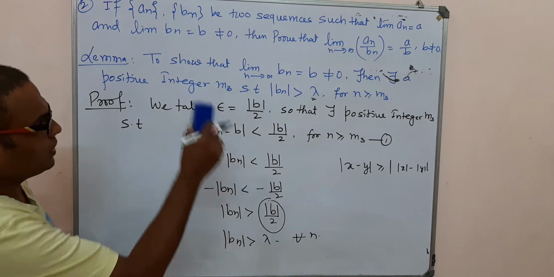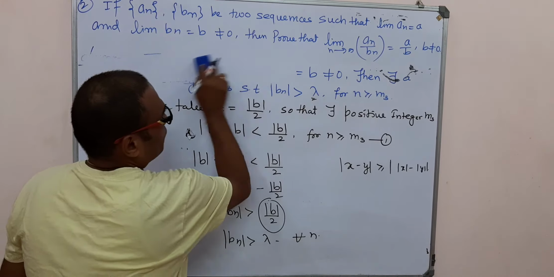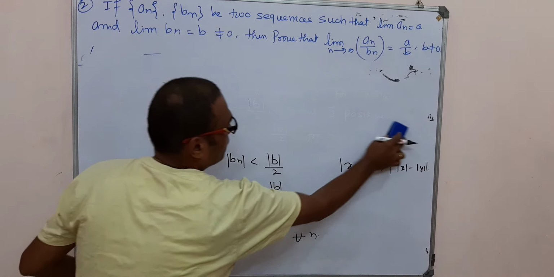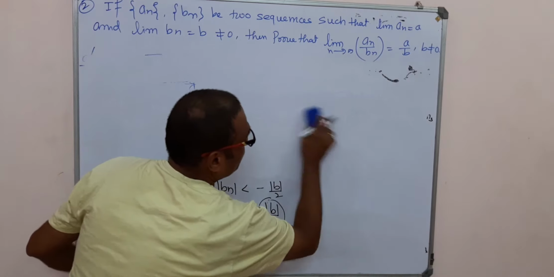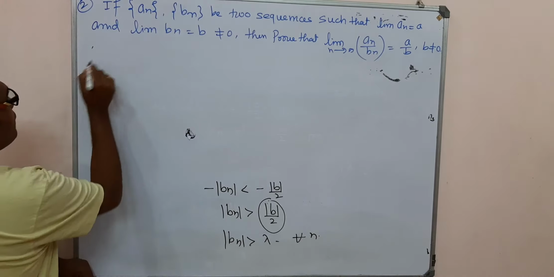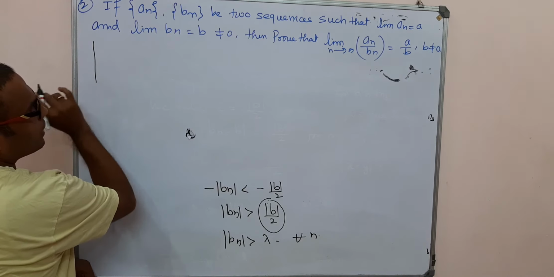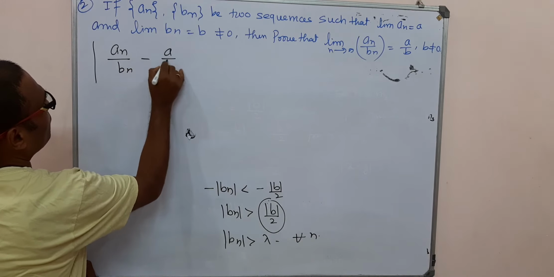Now we come to the proof of our main result. In the main result we show that the limit of a_n upon b_n is equal to a by b. So we start our problem with this calculation: a_n upon b_n minus a upon b.